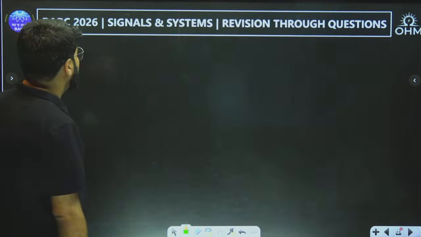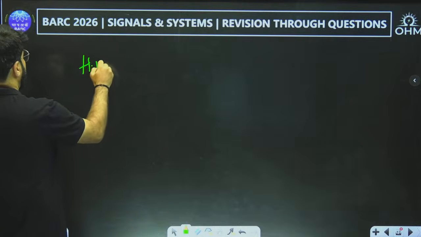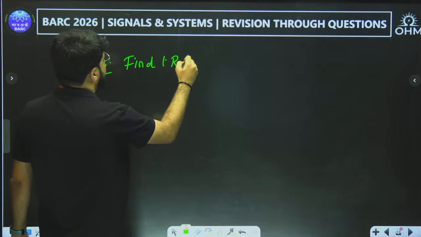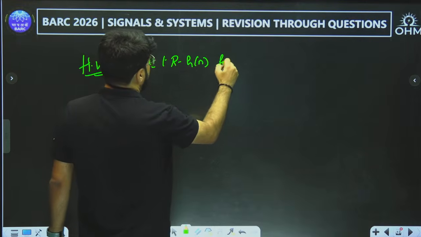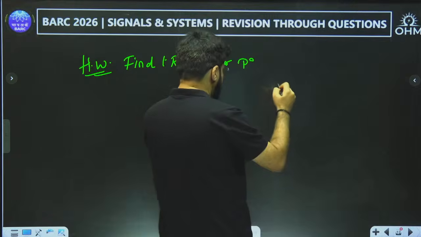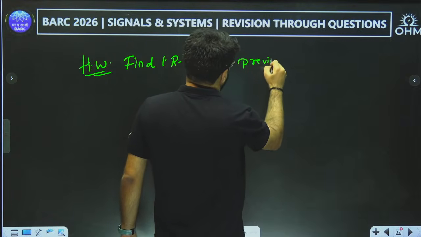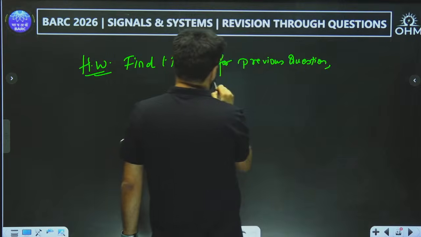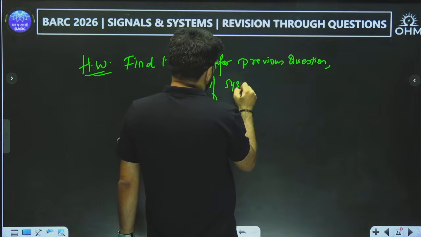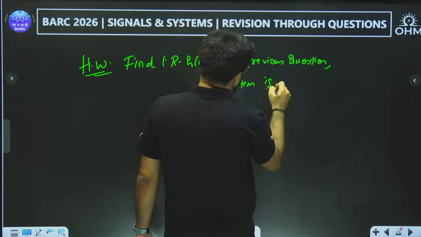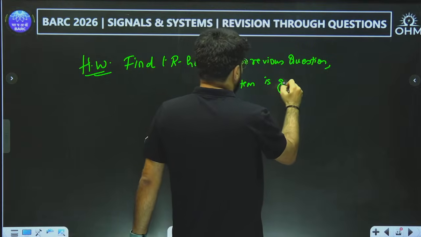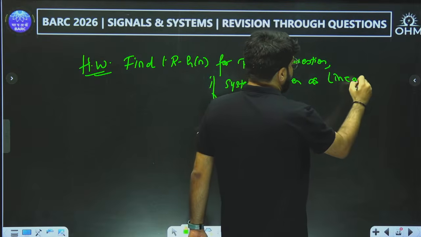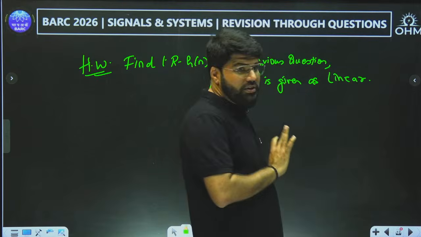I'll give you a homework here. Find the impulse response h n for the previous question, if the system is given as linear. Already I gave you the hint: if the system is given as linear, but not time invariant.